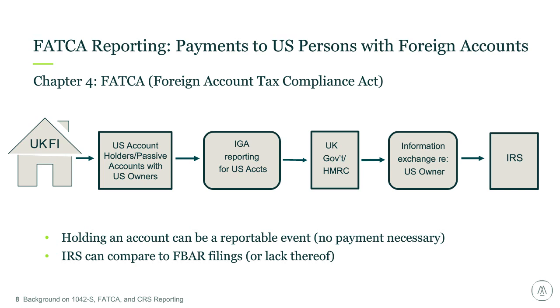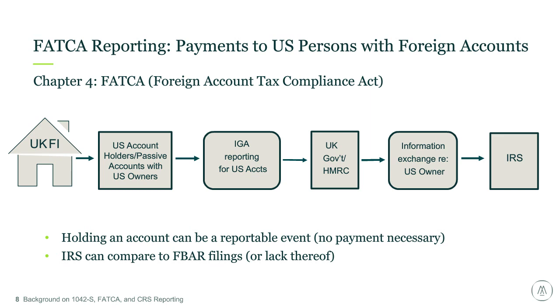FATCA and CRS are completely different because it's just having an open financial account. So there doesn't have to be any activity in the account. It's really the type and the classification of the account holder and whether it's active or inactive that is your kind of impetus for reporting.